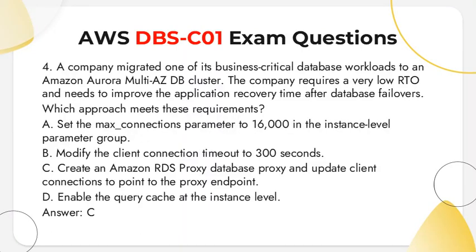A. Set the max_connections parameter to 16,000 in the instance level parameter group. B. Modify the client connection timeout to 300 seconds. C. Create an Amazon RDS Proxy database proxy and update client connections to point to the proxy endpoint.